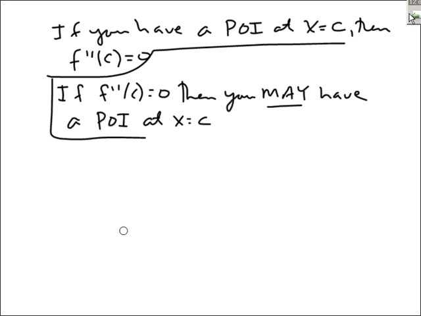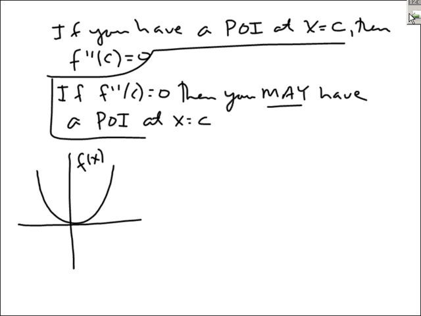Now, let me just convince you of this. For example, I hope you all recognize this graph as y equals x squared. Well, actually, I don't like that one. I'm going to modify it slightly. It's x to the 4th, and x to the 4th looks just like that.